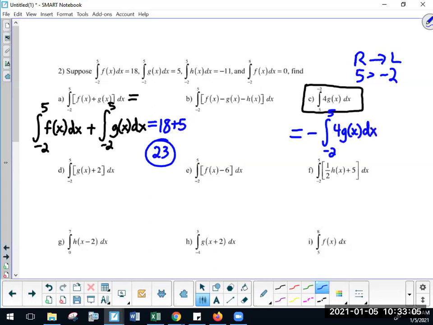The next thing that's interesting, or why I had you do this problem, is this 4 here. That is a constant multiple. So what I can do is factor that 4 out, and think about how I have the opposite of 4 times the definite integral from -2 to 5 of g of x dx.